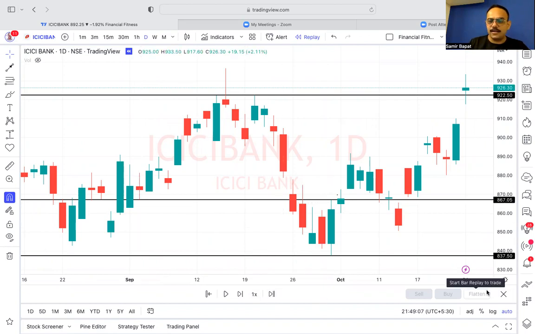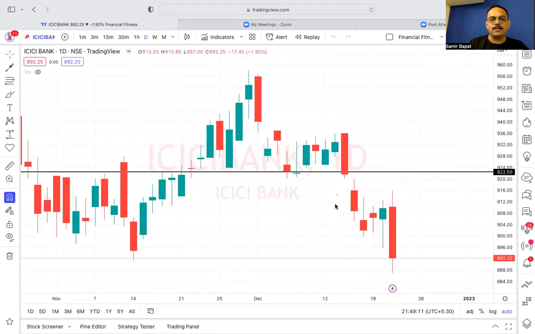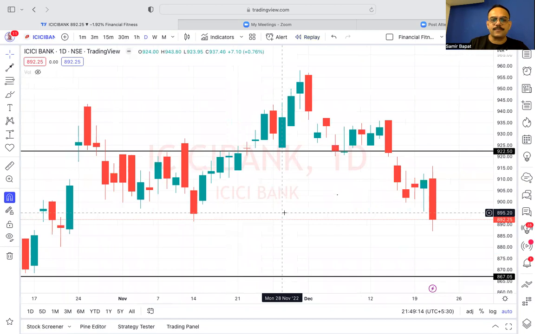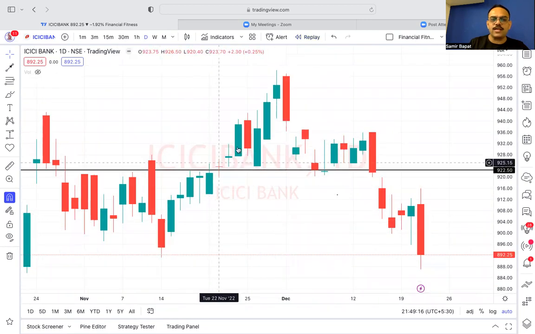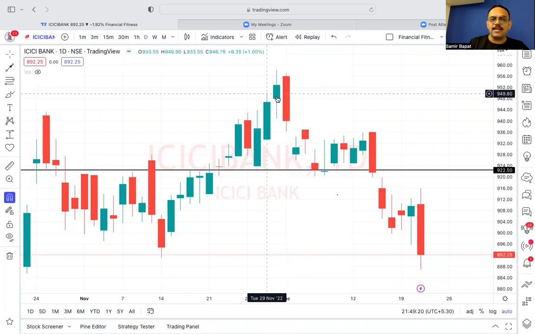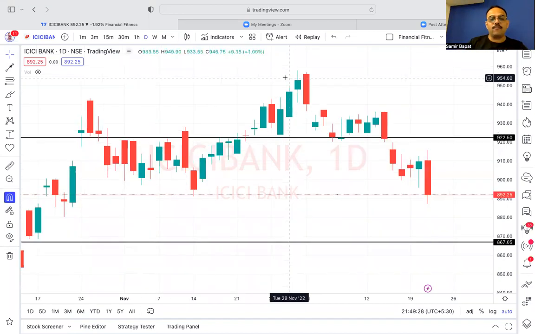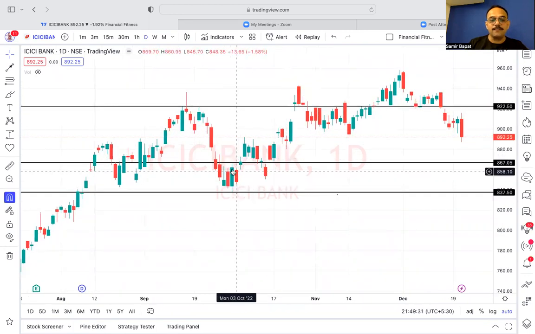Similarly, if you see here, see what has happened here. The price was going up, up, up, up. Now the green body was engulfed by the red candle. This is exactly the opposite of what happened in the example we saw here.